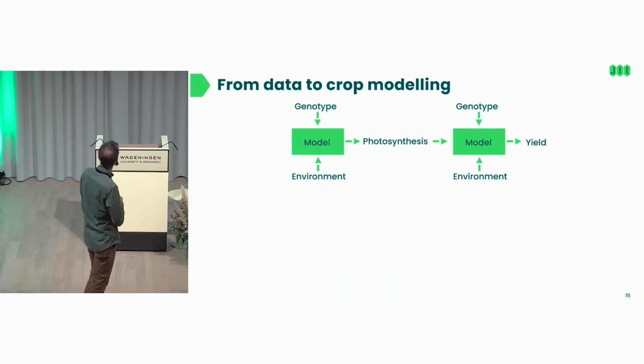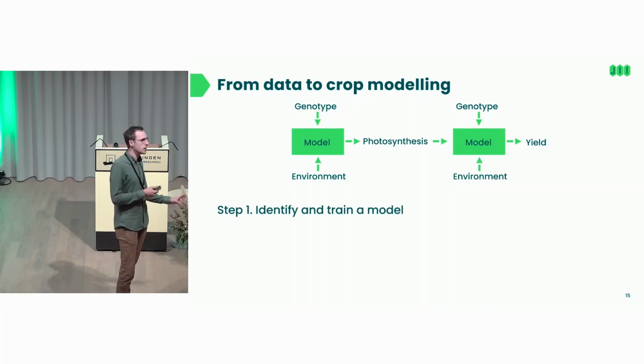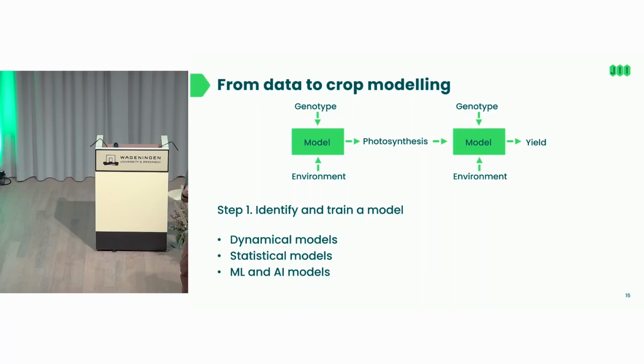I put a simplified version up here. The first step in this is to identify and train a model. And this is a very visionary point at this point. We're working on the first baby steps in here, and we've heard quite a lot of people talk about this also the last few days. And we want to be open-minded at this point and try a range of different models.